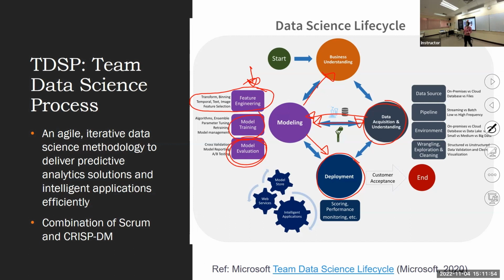But before you can do the deployment to the customer, right? Actually, with the Agile process, you cannot just simply deploy and let users use it, right? You need this part. This strongly needs customer acceptance, right?